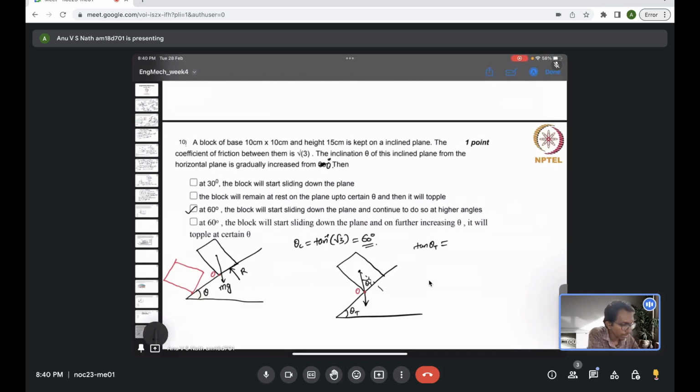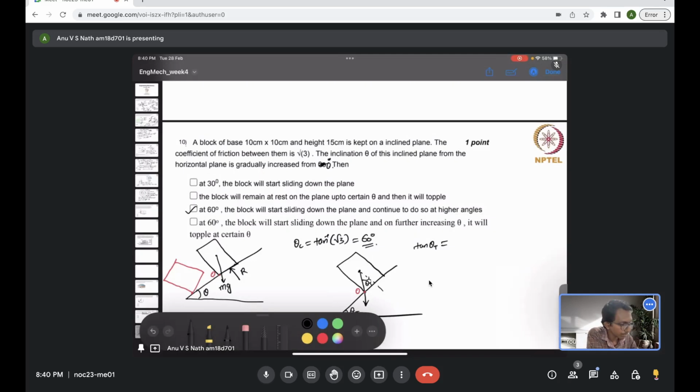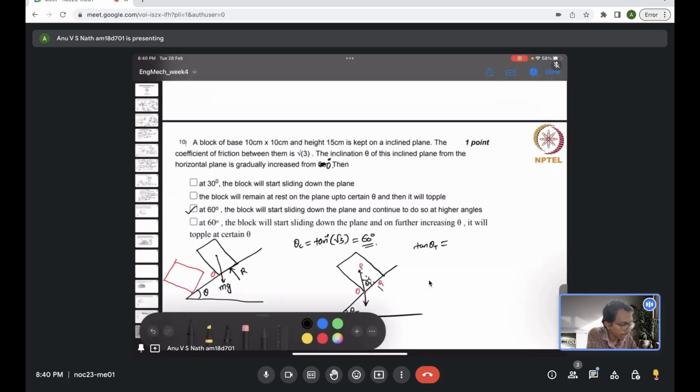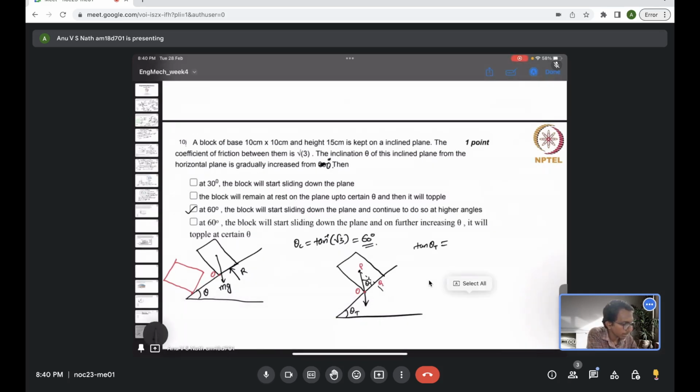If you just consider this triangle OPQ, you can write tan theta is just OQ by PQ. OQ is the base width by 2, and PQ is the height by 2, where this is the base width of the block and this is the height of the block.